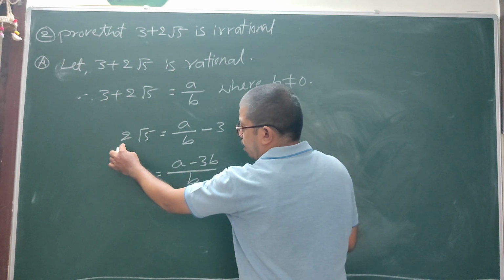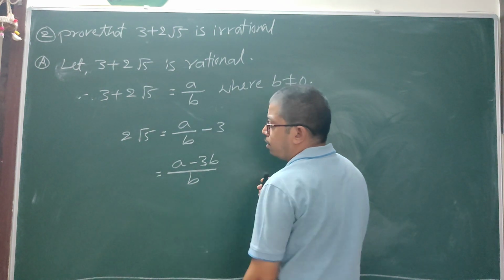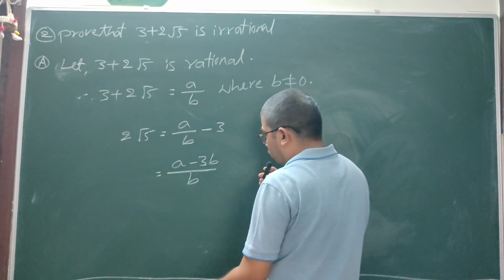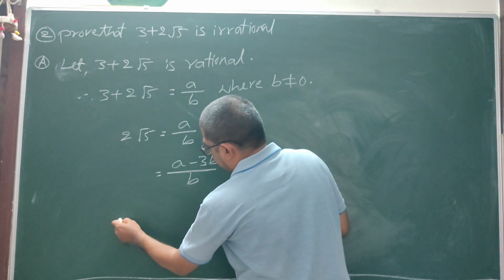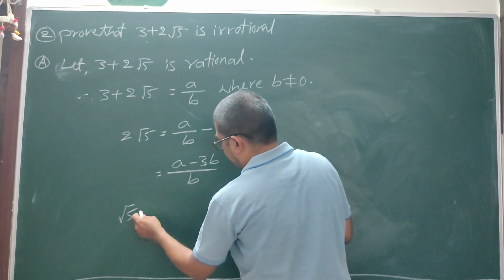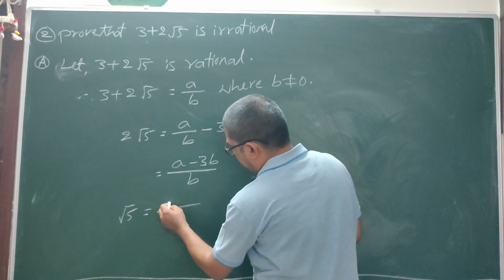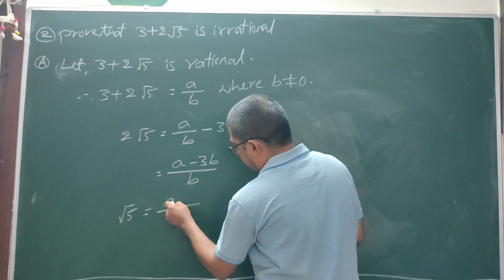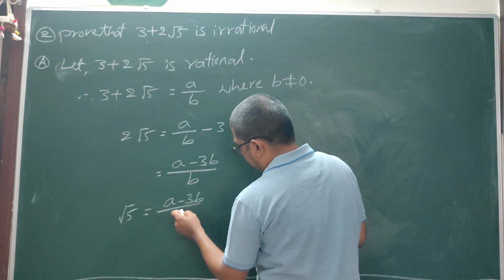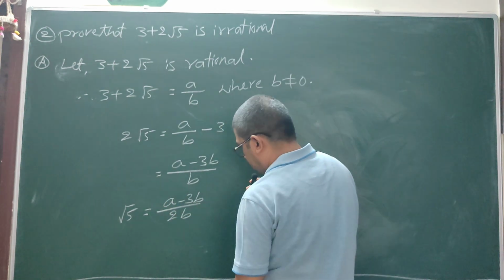Now on the LHS side, 2 is multiplying root 5, it moves to right side. It divides a minus 3b by b. So let us see. Root 5 equal to a minus 3b by 2b.